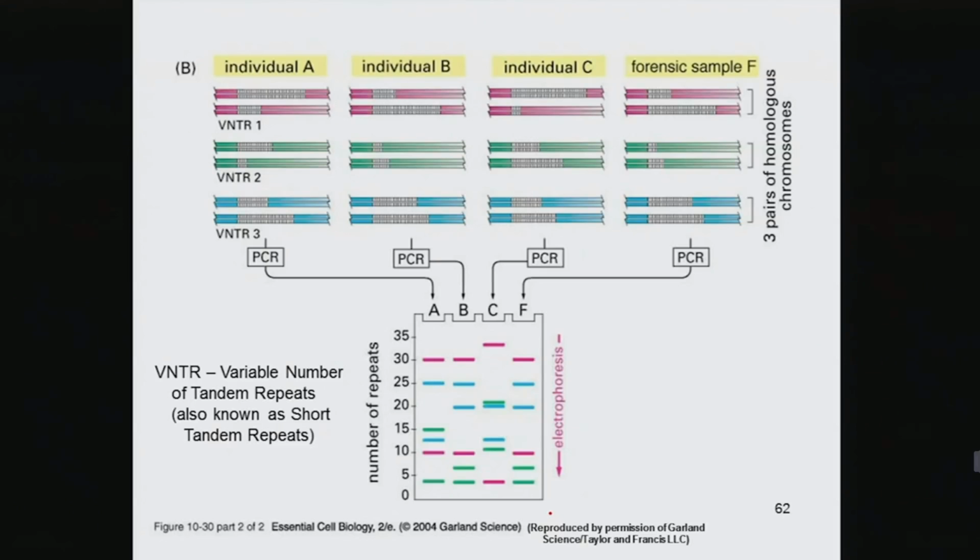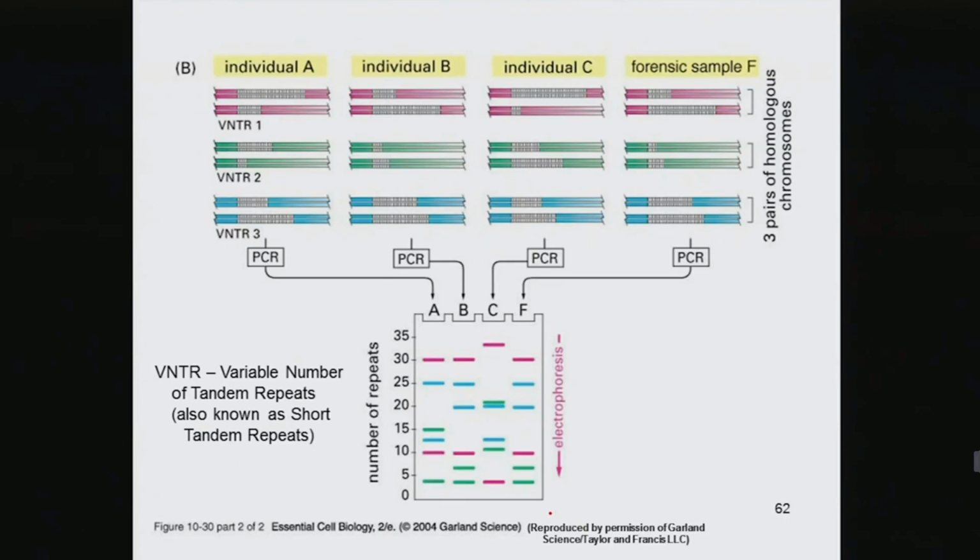So from this, it can be used in forensics: this forensic sample F, which individual is responsible for that forensic sample, just by looking at it. Which one? B. Yeah, so B has the same type of banding pattern. So more than likely, this sample came from this specific individual.